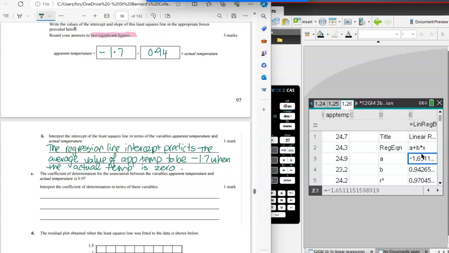It said the coefficient of determination is 0.97. Interpret the coefficient of determination. So once again, I'm going to do it brief.